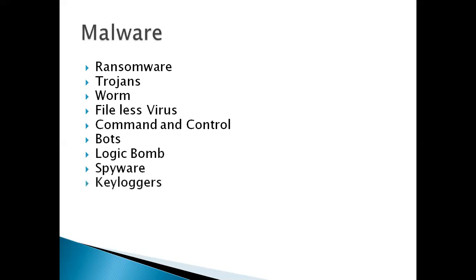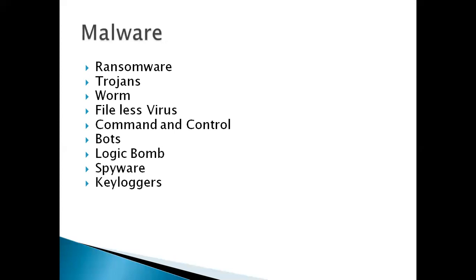The next one is keyloggers. Keyloggers are malware which, if installed on your system, track your key patterns when you are using the system. By analyzing those key patterns, they can work out what you are typing on the keyboard, and they can collect your data, usernames, passwords, and credentials.